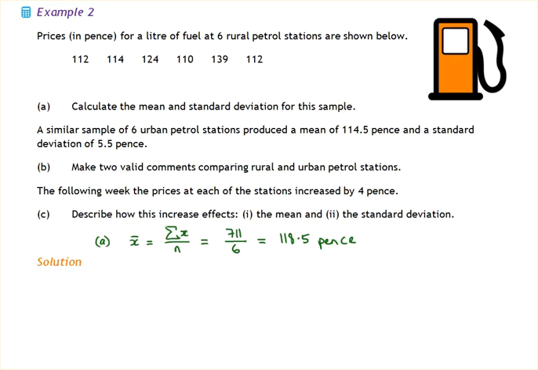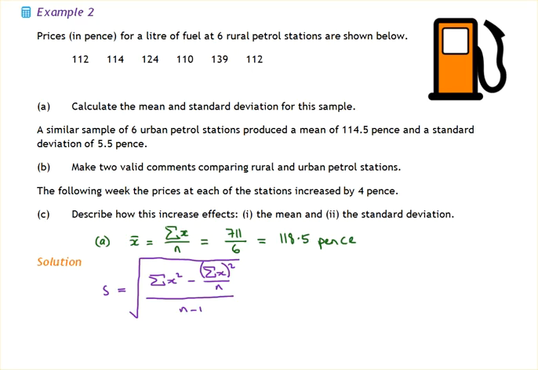Now the standard deviation is calculated using the formula that's given to you in your formula sheet, and that is sigma x squared minus sigma x all squared over n, all divided by n minus 1, and all living under a great big radical.